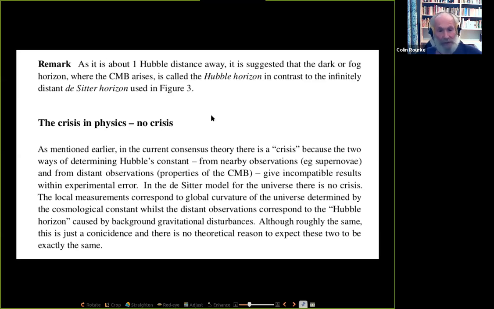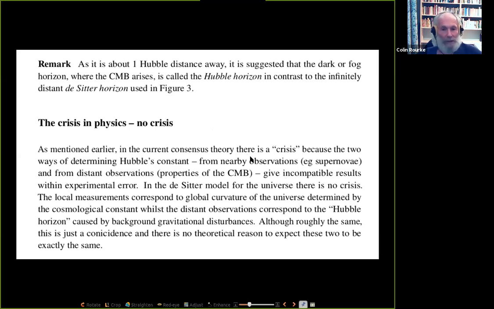And the distant observations correspond to the Hubble horizon caused by background gravitational disturbance. Although roughly the same, it's just coincidence. They're not really the same. They're out by about 20 or 30%. There's no theoretical reason to expect them to be the same.